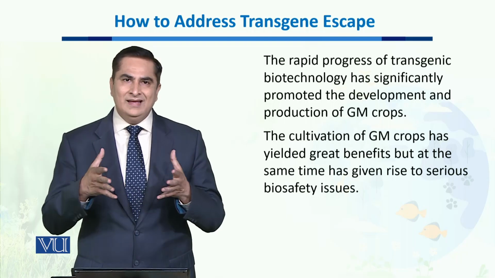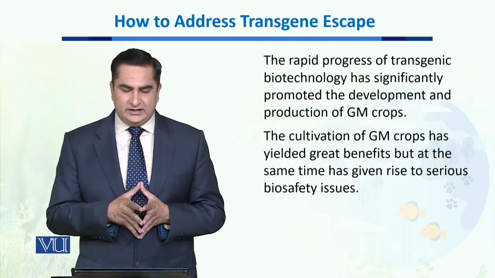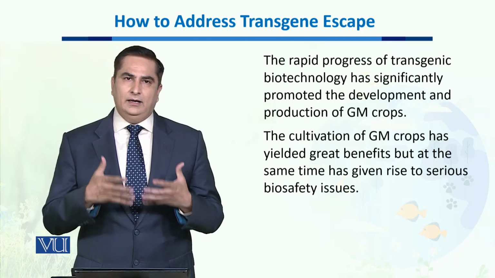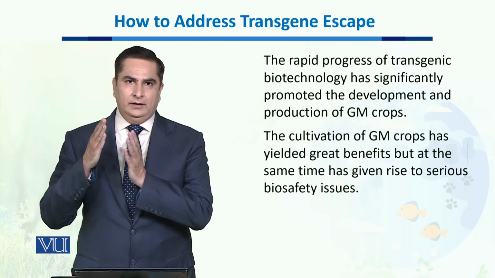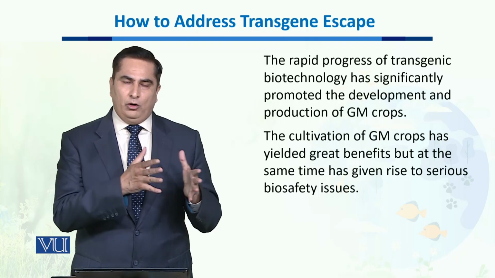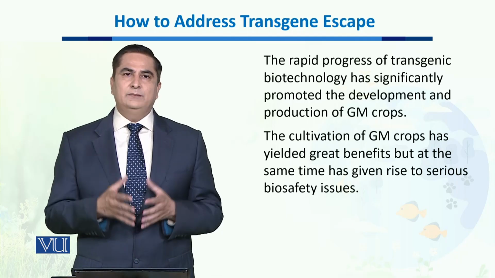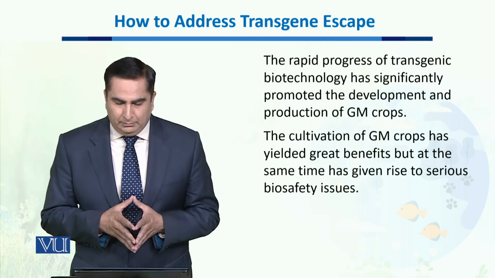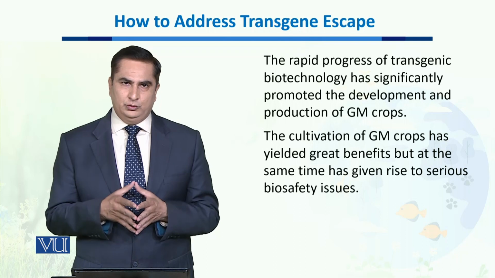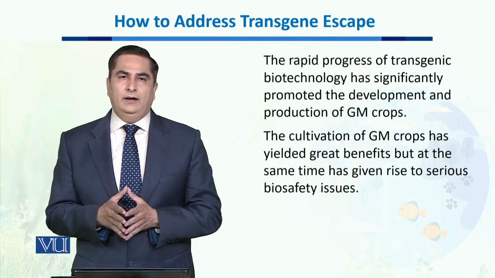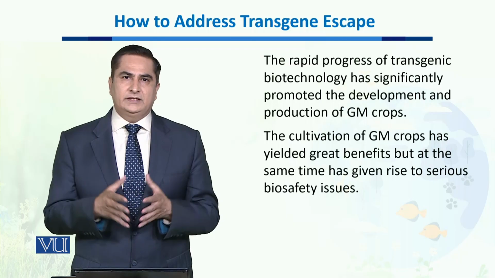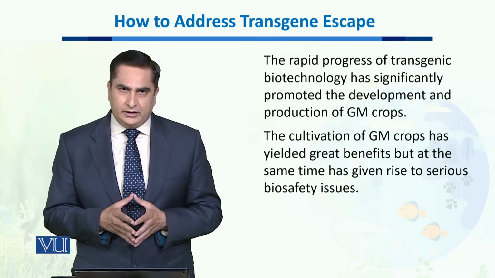Now, the cultivation of these GM crops has yielded great benefits in terms of higher yields, but at the same time, it has some serious biosafety issues, which can be a threat to other natural species which exist in the same ecosystem.